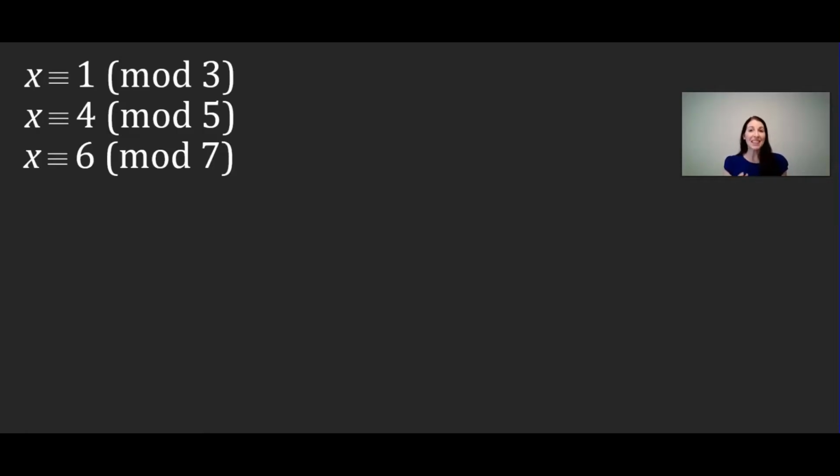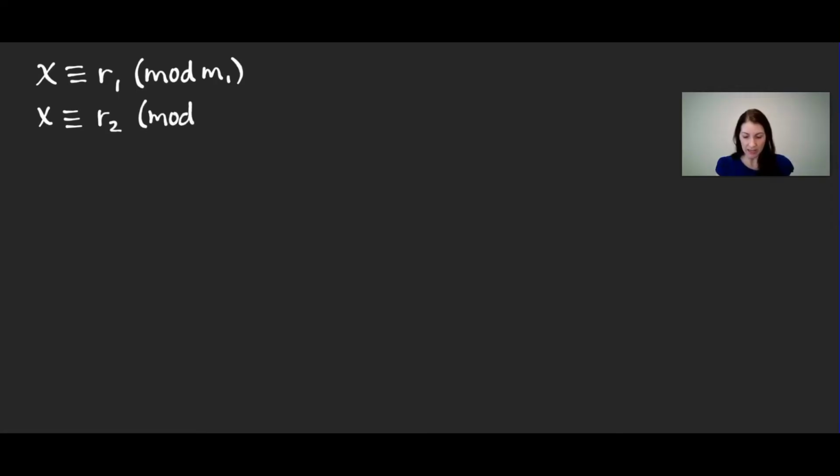So before we get to this problem, I would like to talk about any general problem here. So let's say I had x is congruent to r1 mod m1, where r is the remainder. So we've got a second remainder in a different mod, and then we've got a third remainder in a third mod.